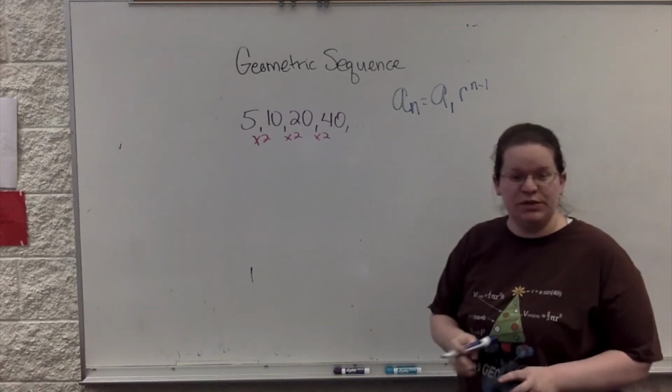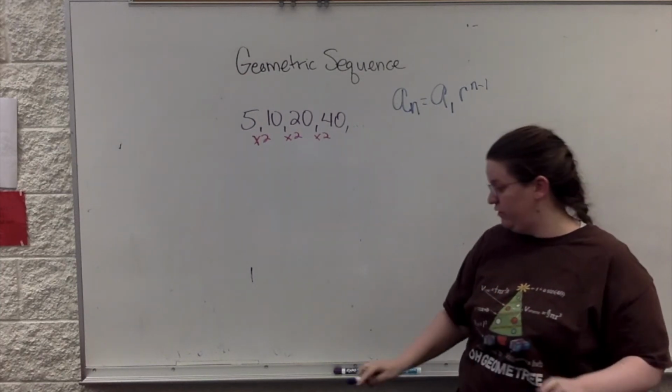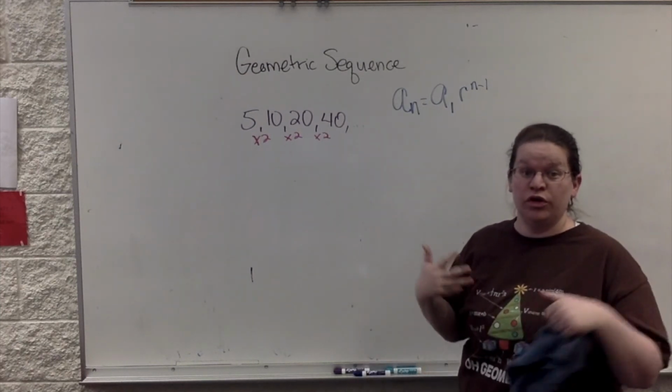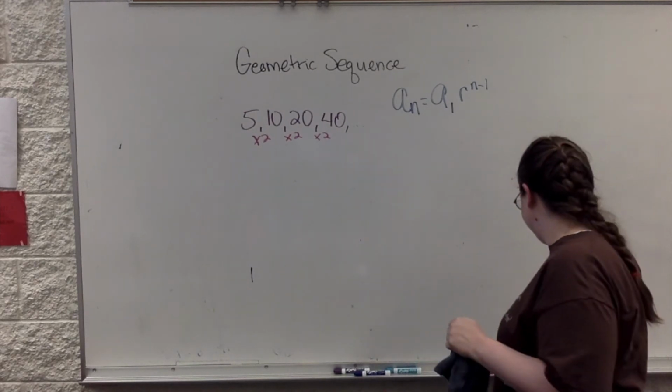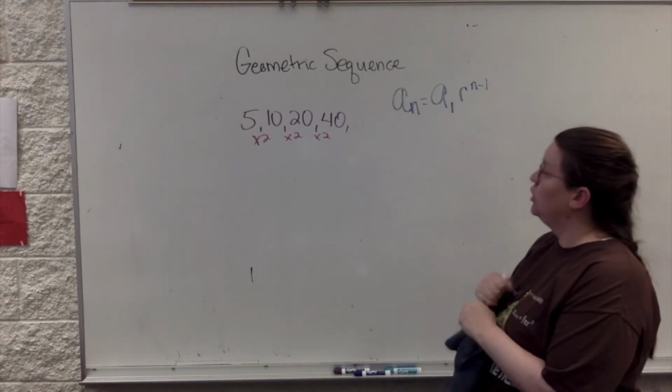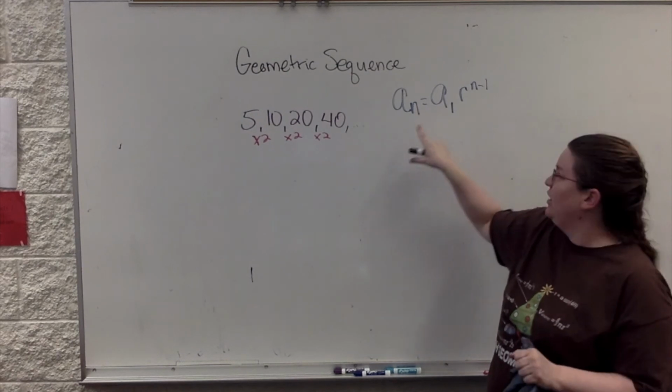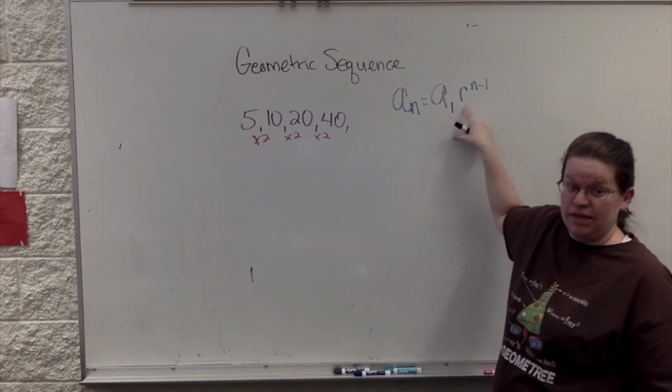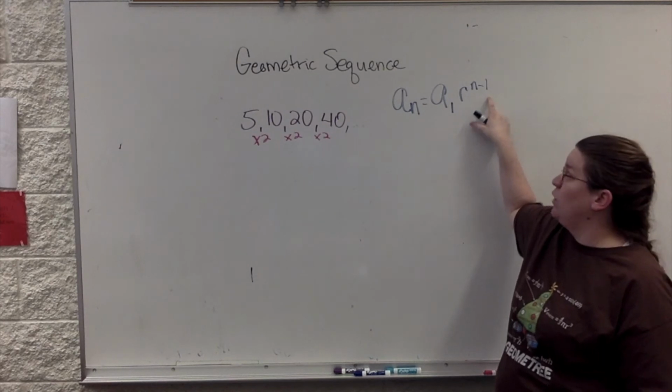For the geometric sequences, you can find the next few terms, or you can find the nth term, or you can find a specific term. Here, we're going to find the nth. We have A sub n equals the A sub 1 times r to the power of n minus 1.